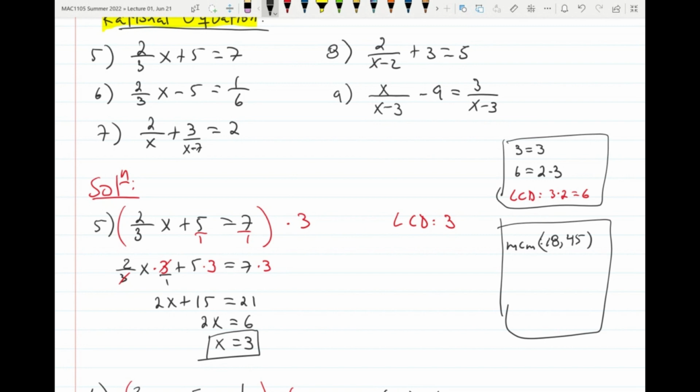LCD and MCM are the same, but LCD makes sense when you have fractions. Here I don't have fractions. So I want to know what's the minimum common multiple between these two numbers. One technique is you can start writing down the multiples of 18 and the multiples of 45 until you find the first time that they match, and then you've found it. But what if you have to do this like 20 times? Are you really going to sit down there and multiply 20 times? That's not optimal. So you can use this technique. Take each number and factor it into primes.